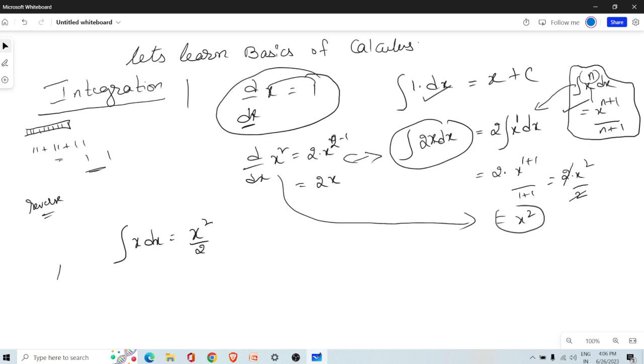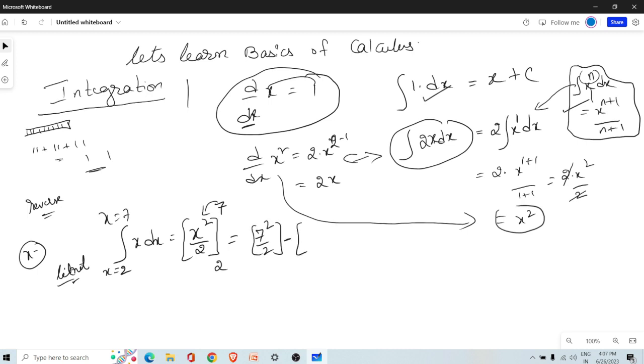Now if we have limits, from where to where this x value varies, say x value from 2 to 7, then I write a bracket putting 2 as the lower limit and 7 as the upper limit. Then I place 7 and 2 in this value: 7 power 2 by 2 minus, upper limit minus lower limit, 2 power 2 by 2.